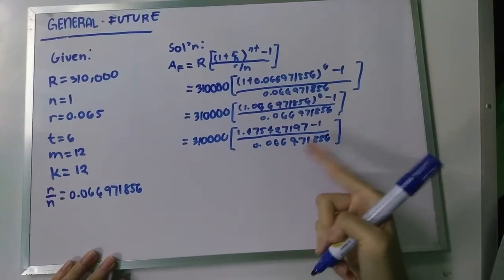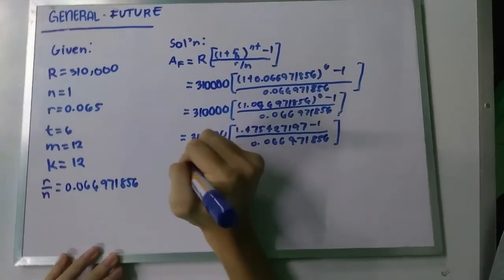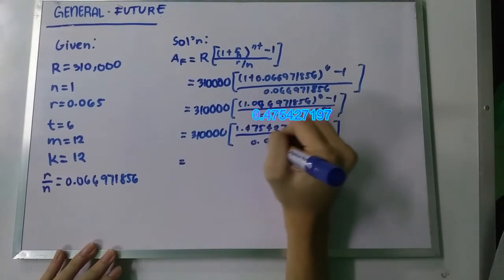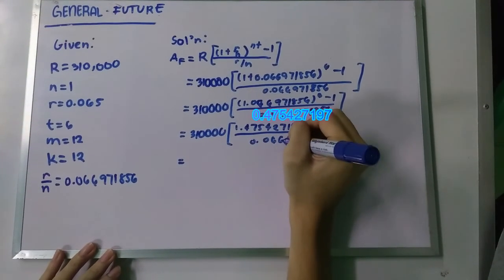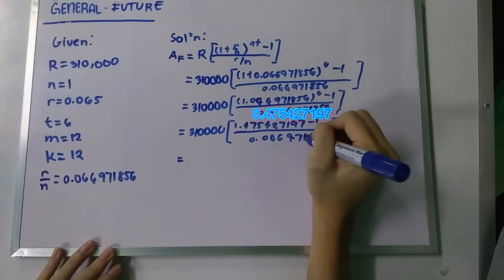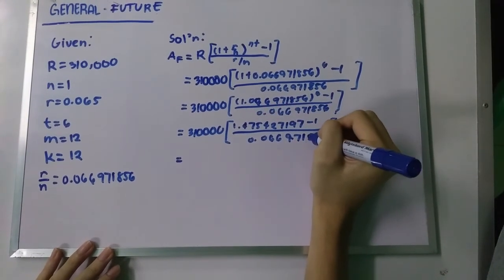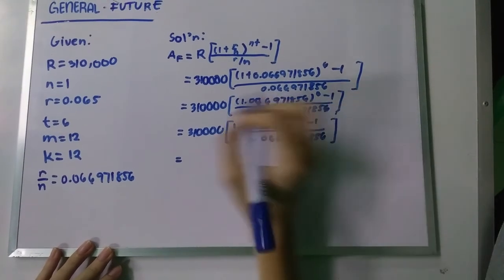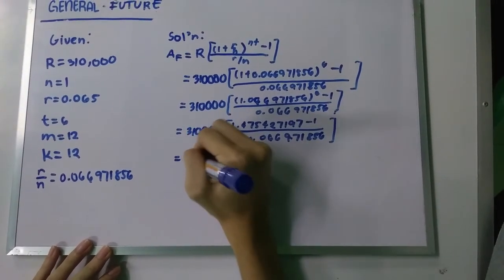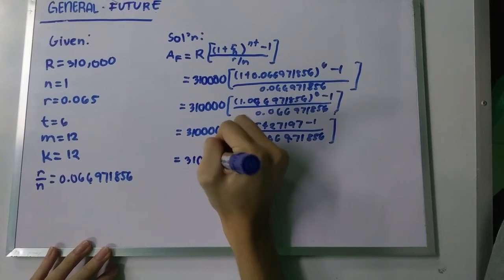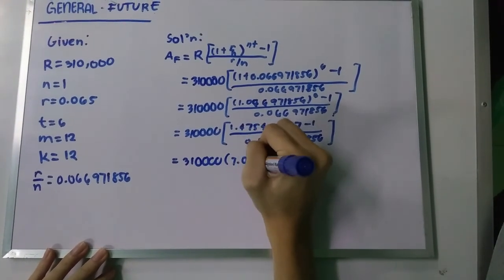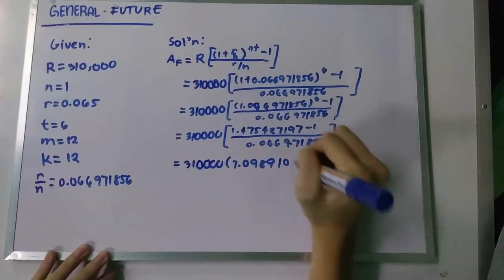Now, subtract that answer by 1, then we have 0.475427197. Next, divide that by 0.066971856, and the answer is 7.098910274.